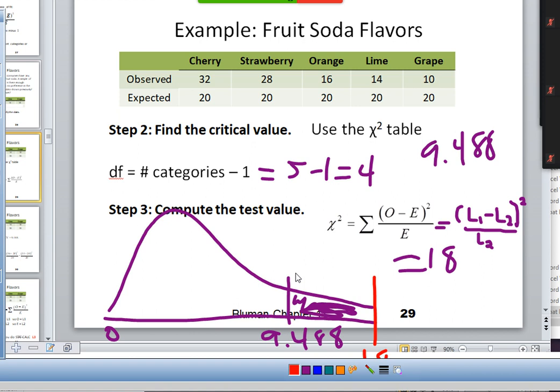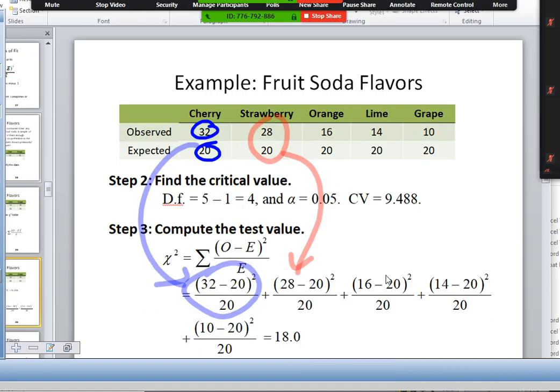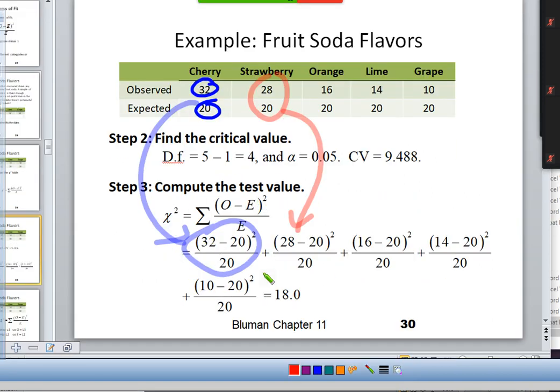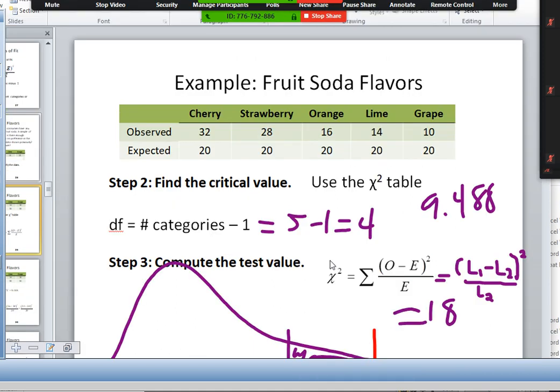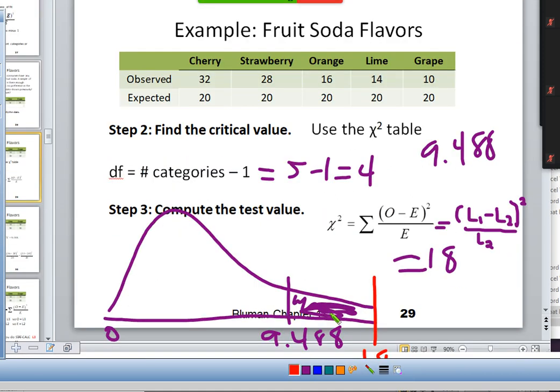Step 3, compute your test value, your test stat. So it's going to be this right here. We're going to get 18. So we're going to throw 18 into this swoopy thing from part 2. This one? Yeah. Okay. Sure.